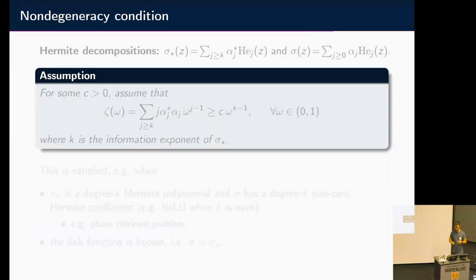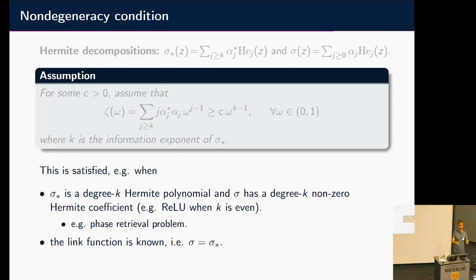Okay, so the non-degeneracy condition in this case, since the setting is a bit relaxed, gets a bit complicated. So here is the statement, and I'm not going to focus on this, but what this really says is it's a not very transparent condition that you need to verify for specific targets and activation functions.